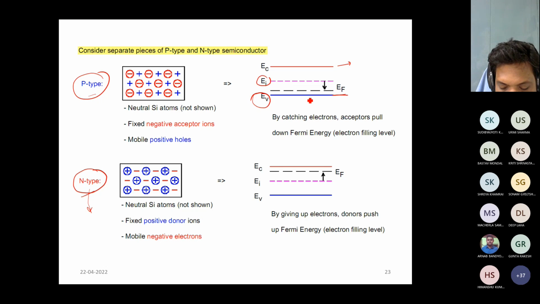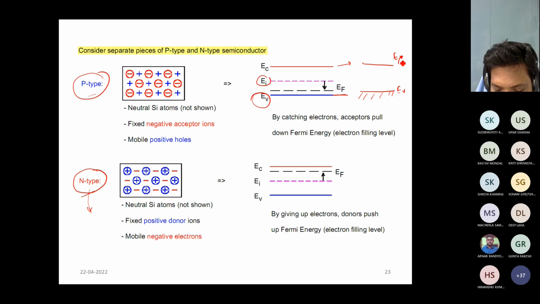Now, if we consider an intrinsic semiconductor, you tell me, in the valence band and in the conduction band, which type of carriers are there?